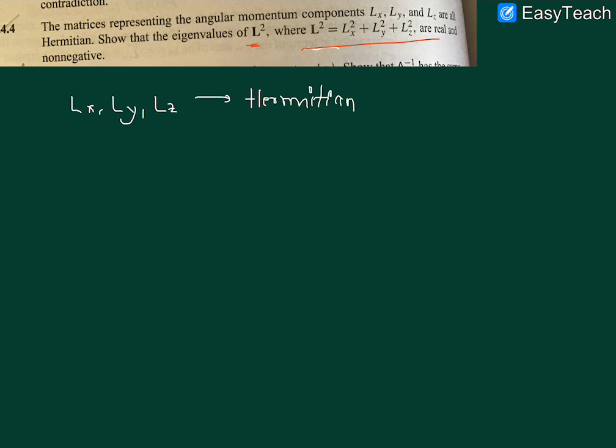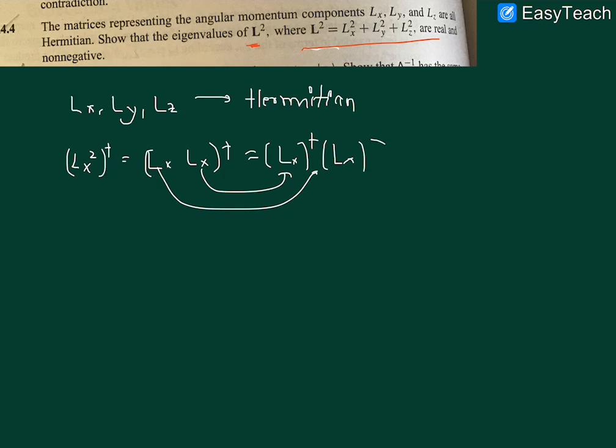Okay, so Lx square dagger, we are doing this to check if Lx, Ly and Lz in their squared form are Hermitian or not. That is Lx dagger, Lx dagger. So this is this one and this one is over here.